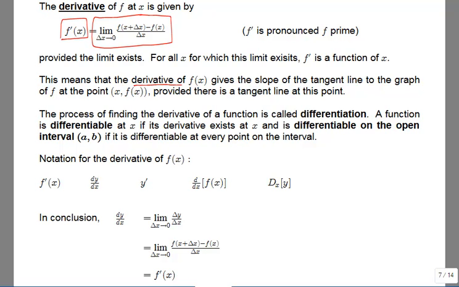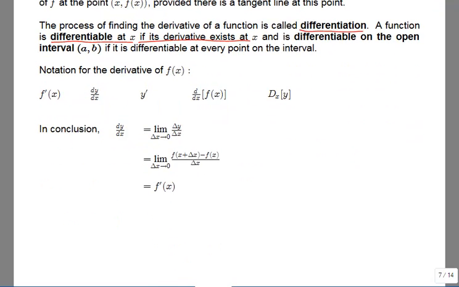So the derivative is now the same exact thing as the slope of the tangent line. The process of finding the derivative is called differentiation. And we say that a function is differentiable at x if its derivative exists at x, and it's differentiable on an open interval if it's differentiable at every point on that interval.